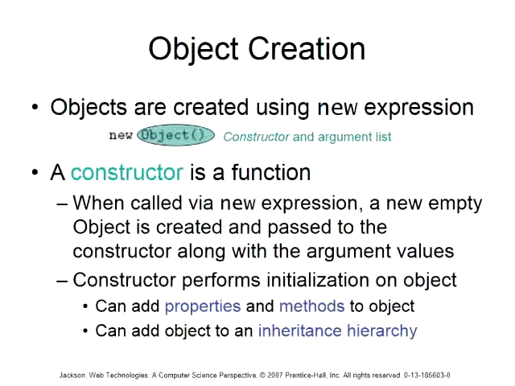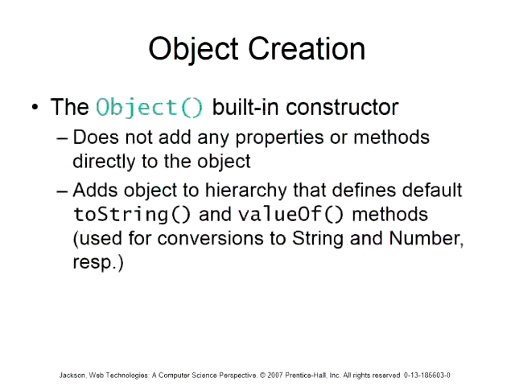A constructor is a function that, when called via a new expression, creates a new empty object. So when we write var o1 equal new Object, a new empty object is created, and after that we can add properties and methods to the object, and we can add the object to an inheritance hierarchy.